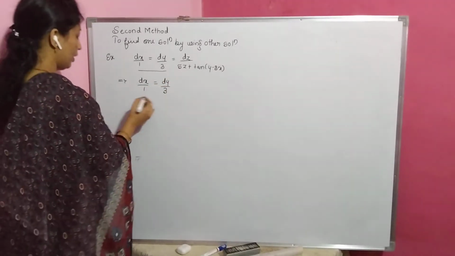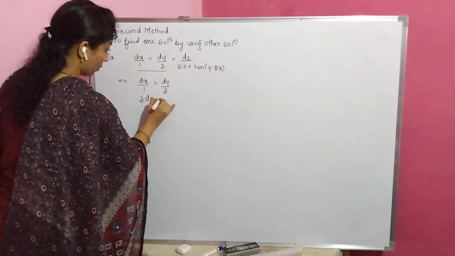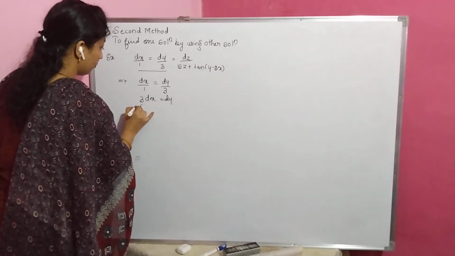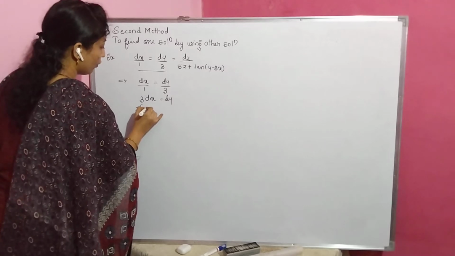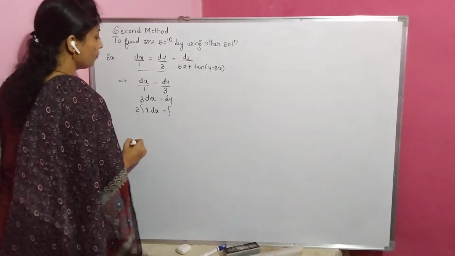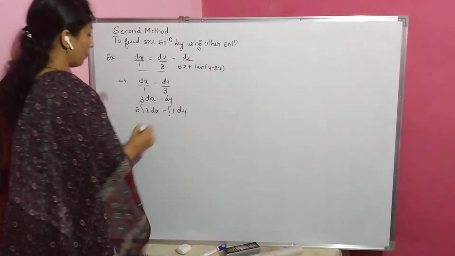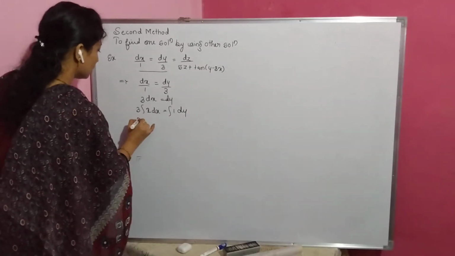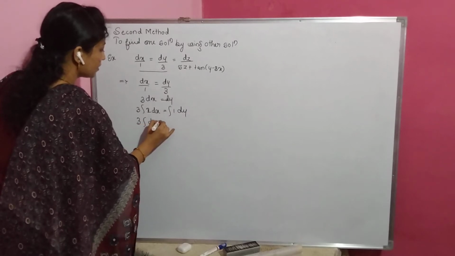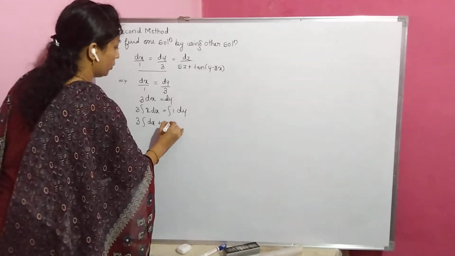Cross multiplying the terms, 3 dx is equal to dy, and integrating on both sides, it becomes 3 into integration of 1 with respect to x is equal to integration of 1 with respect to y. Again we write the integral constant on the LHS only, that is 3 into integration with respect to x plus integral constant c1 is equal to y.